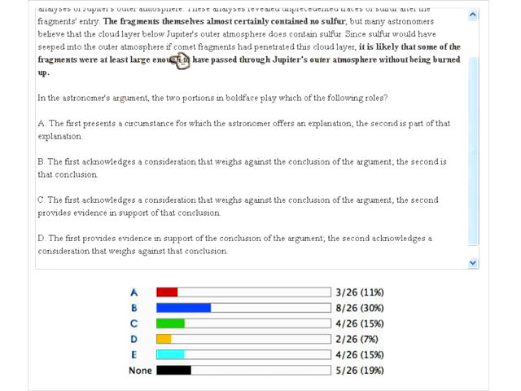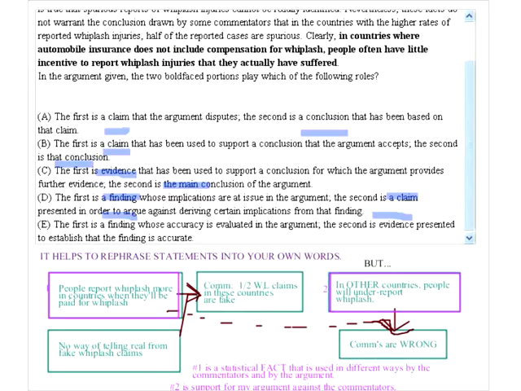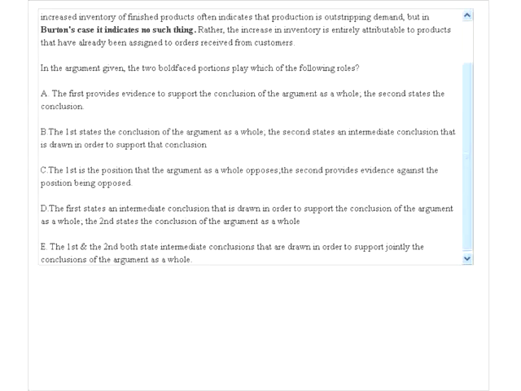Like if you look at this sentence, the fragments that contain no sulfur, but many astronomers believe that blah, blah, blah. The relationships here aren't going to be simple. It's the relationship between these two parts that will contribute, but you're only caring about this one part. And indeed, some boldfaces, like here's a question that we didn't get the chance to review.